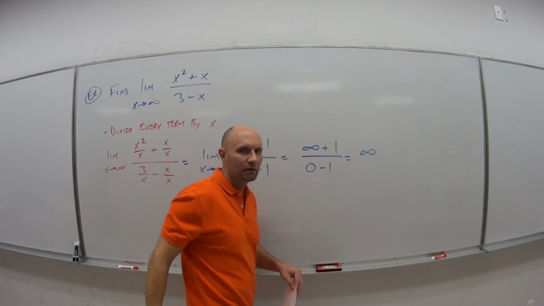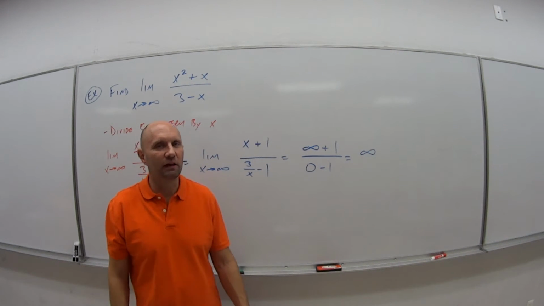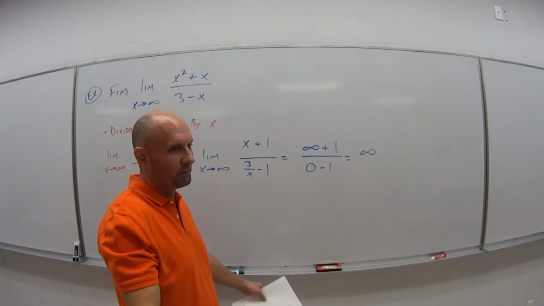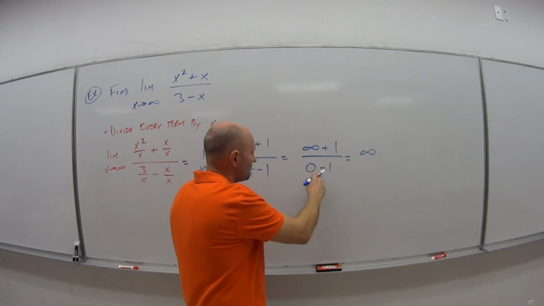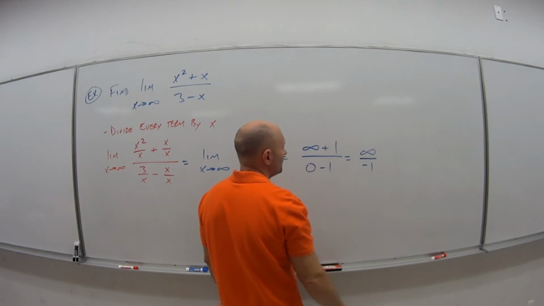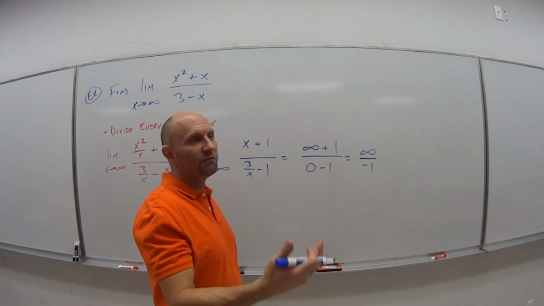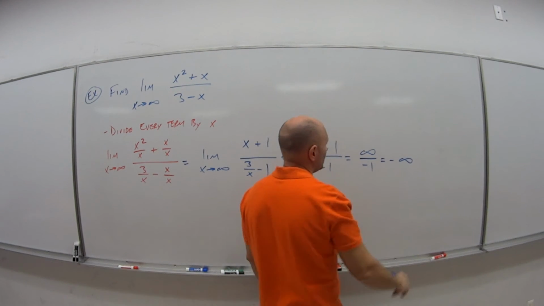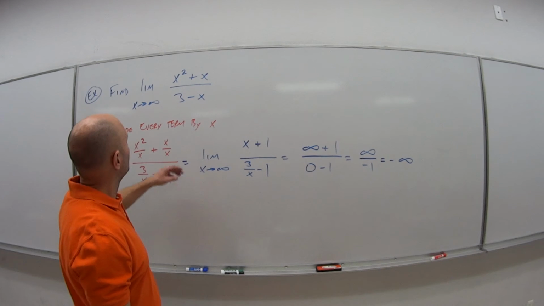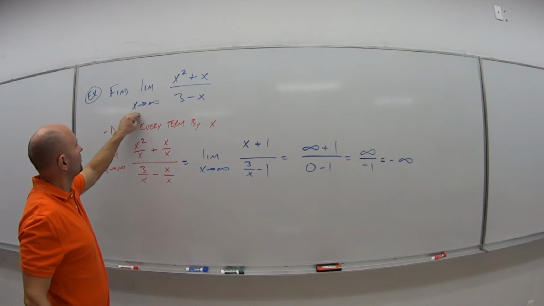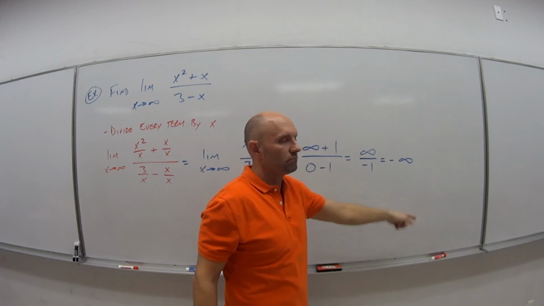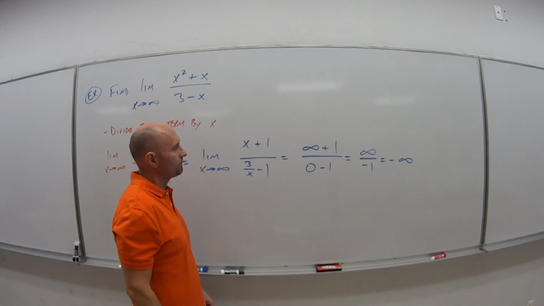Just infinity. Like when you used to have fights as kids, you know, oh, I do this infinity plus 1. It's still just infinity, all over negative 1. So infinity divided by negative 1 becomes what? Negative infinity. So the limit as x approaches infinity of this rational function is negative infinity.